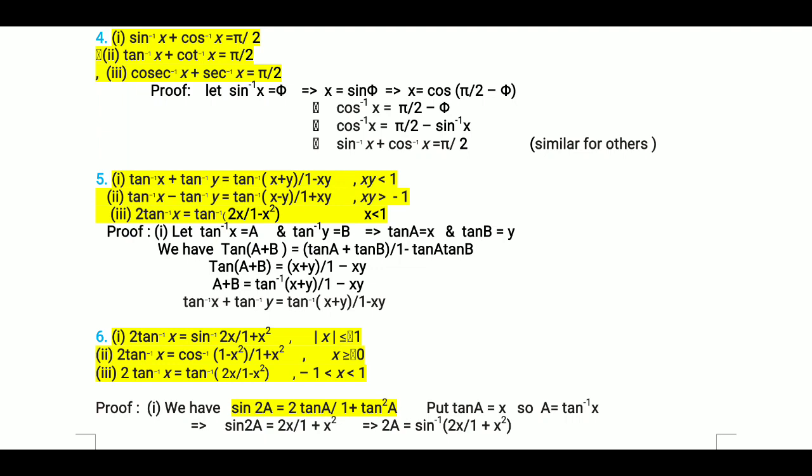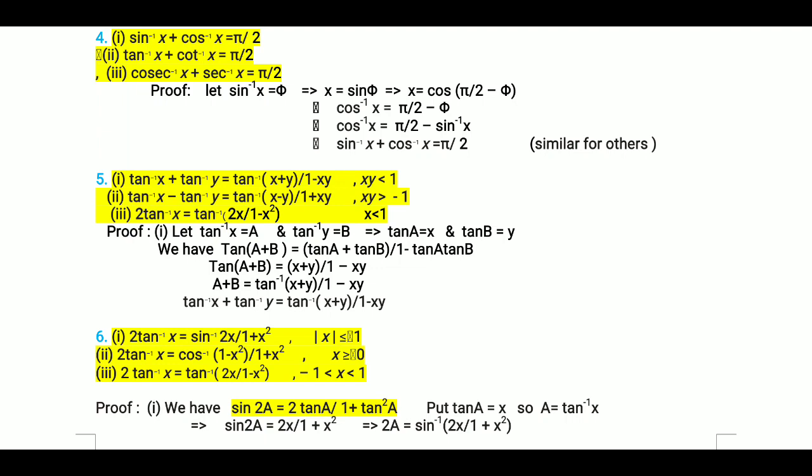In a similar way, tan inverse x plus tan inverse y is equal to tan inverse of x plus y upon 1 minus xy. And like tan inverse a minus tan inverse b, that is equal to tan inverse of a minus b upon 1 plus a into b.